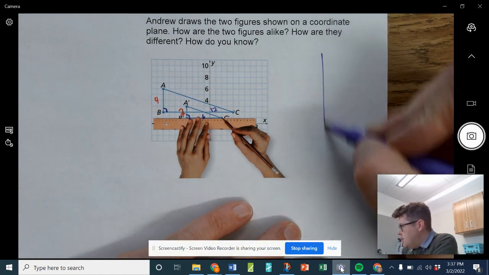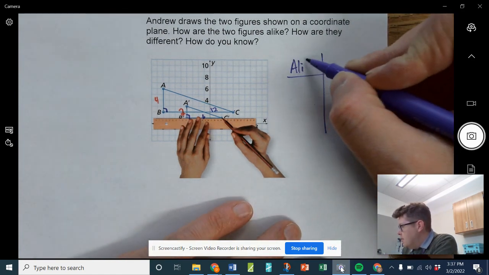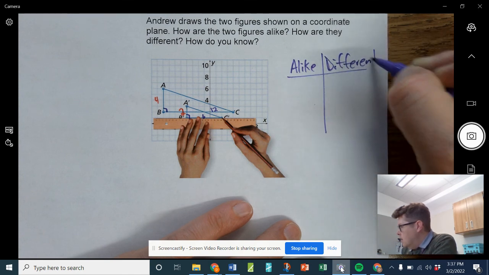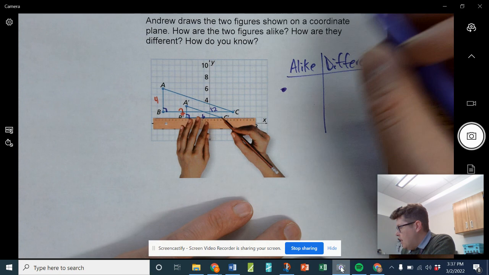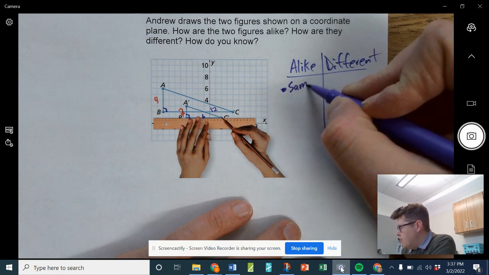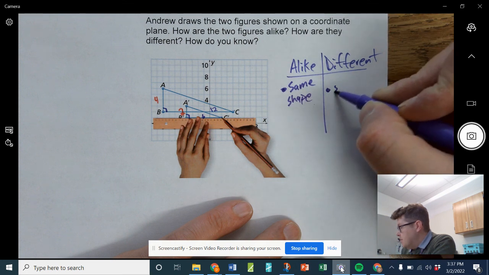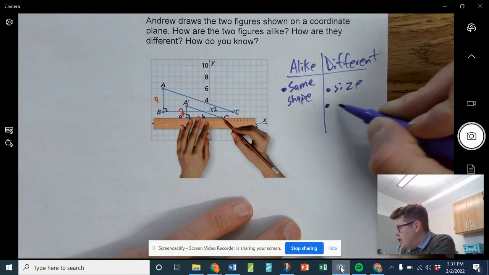So how are the two figures alike? Well, we've done this T-chart before, right? Okay, so on the alike side, they are the same shape, right? They're both right triangles. And on the different side, they're different sizes, right? But again, they're in proportion.